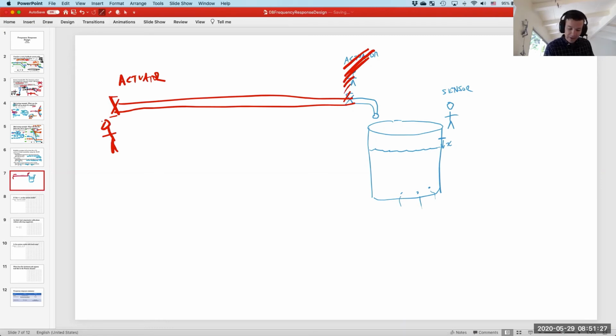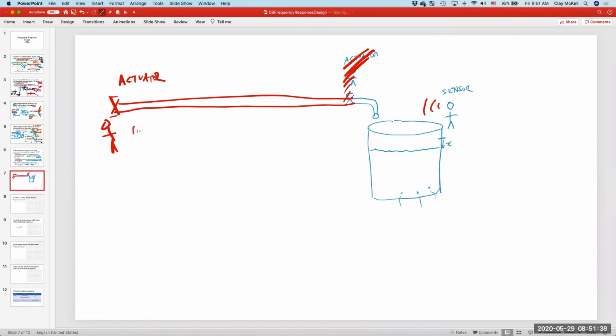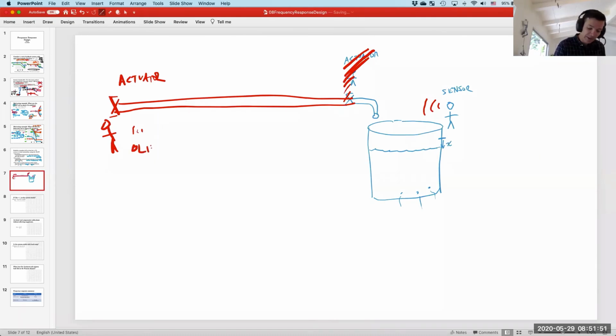Now, because they're so far away, it takes a noticeable amount of time before the shouts from the sensor reach the actuator. Right, so now that there is a propagation delay, all of a sudden the current information isn't being acted on. It's actually old information by the time it gets to the actuator.